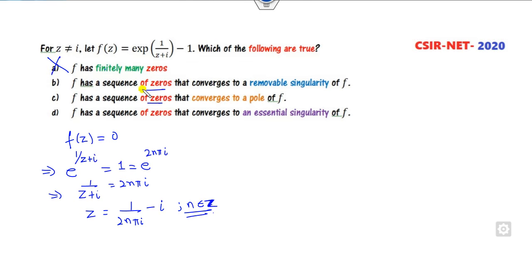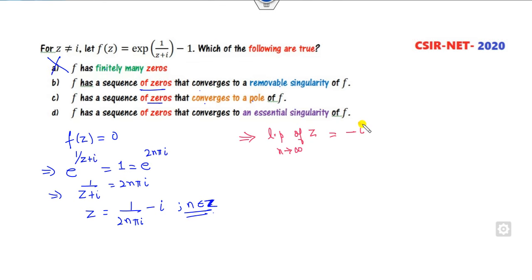Z is my infinite sequence. Does it converge to a removable singularity, a pole? How can you prove that? You can find the limit point of the zeros as n approaches infinity. This is my minus iota.